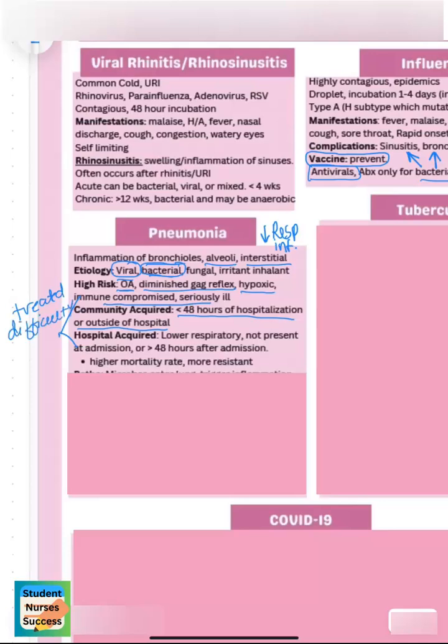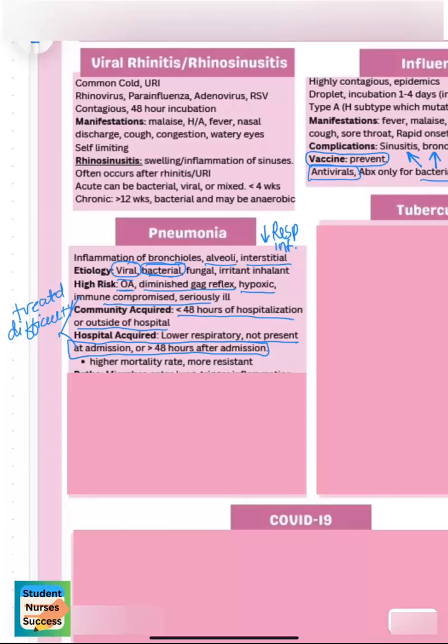Let me talk about hospital acquired, and then we'll talk about why they're treated differently, because I think it'll become pretty obvious. With hospital acquired pneumonia, this is not present at admission. It is something that you developed in the hospital. The pathogens in the hospital tend to be more resistant to antibiotics.